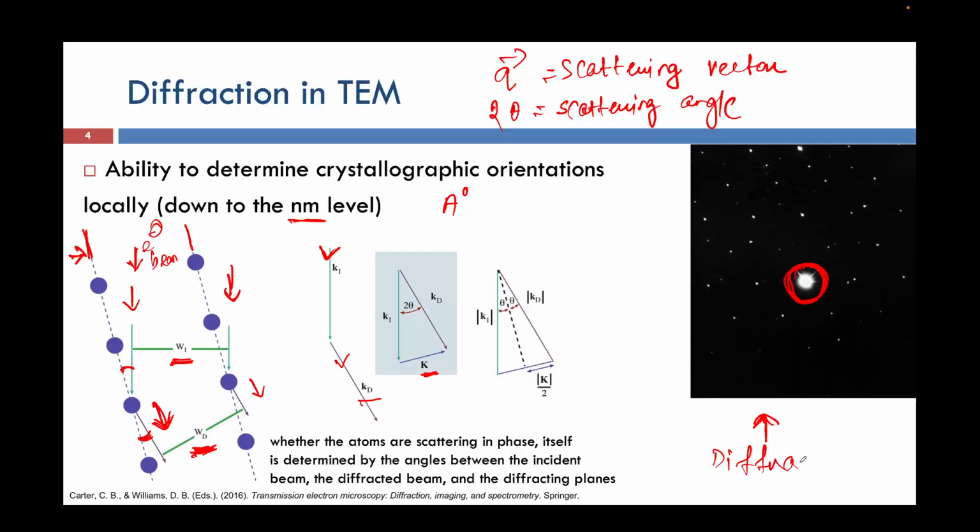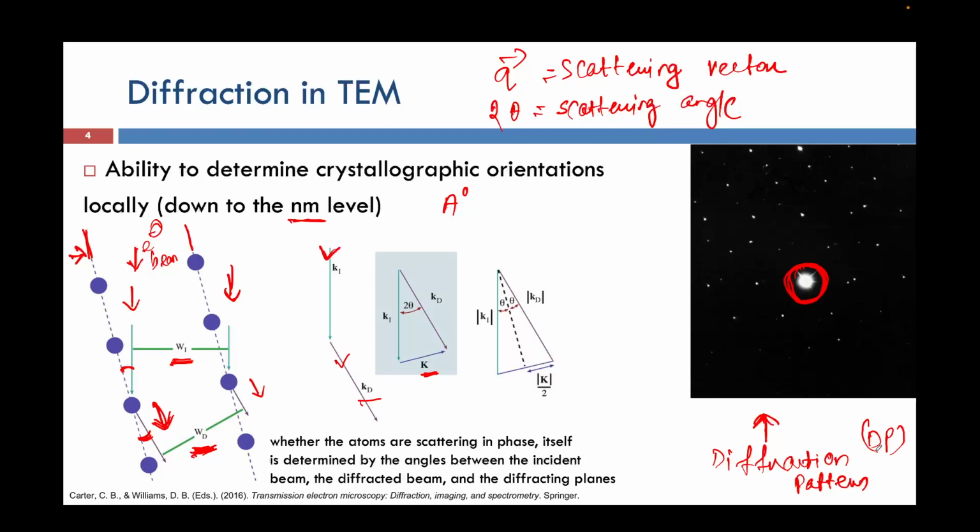So this is what a diffraction pattern is, and we abbreviate it as DP. Since this diffraction pattern is obtained from an area, it is called a selected area diffraction pattern, because your sample will be too big.